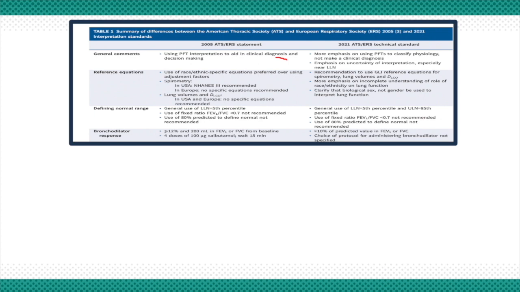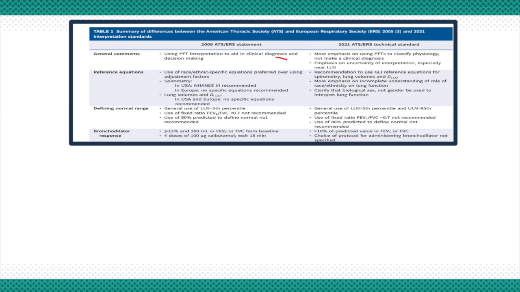But now they recommend using GLI, although, as we discussed, there are still some pitfalls in the GLI, but they recommend GLI for spirometry, lung volume, and DLCO. And the emphasis is on the uncertainty and the still incomplete understanding of race and ethnicity.